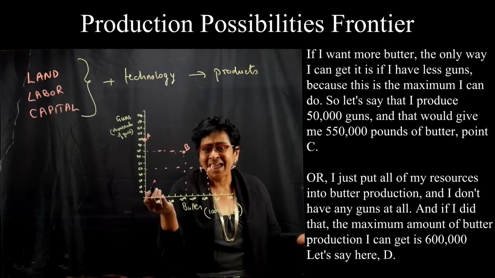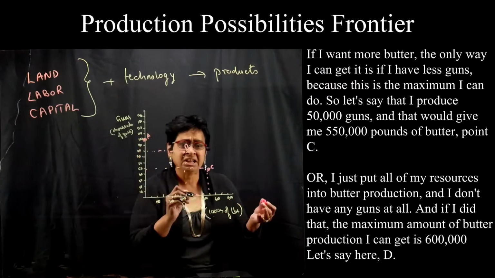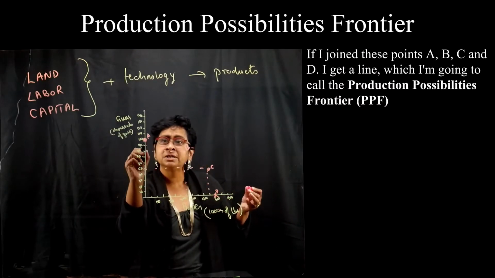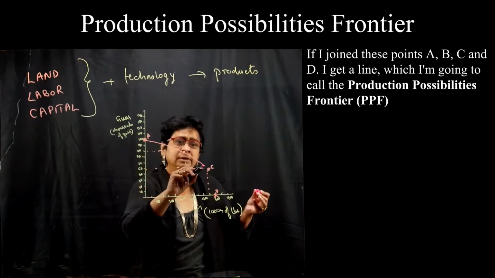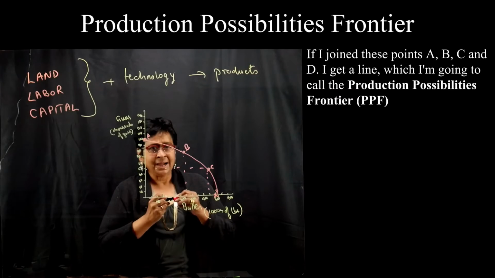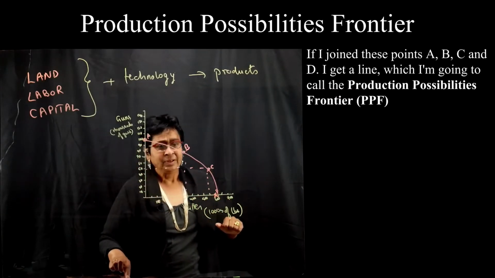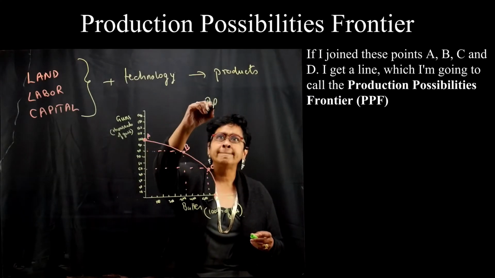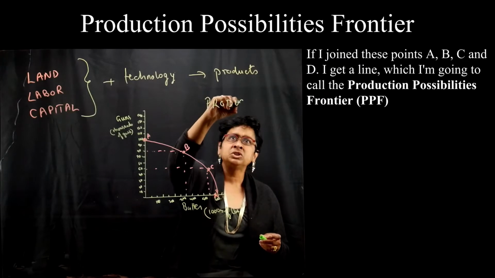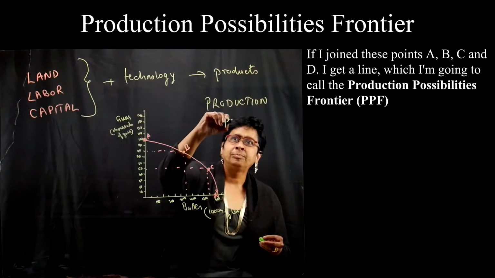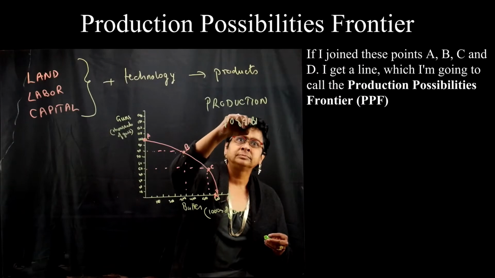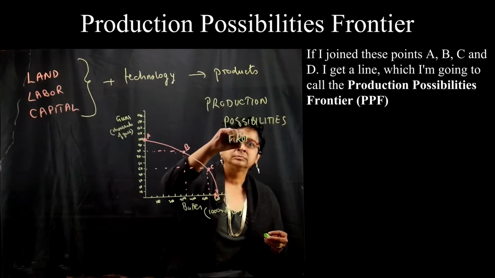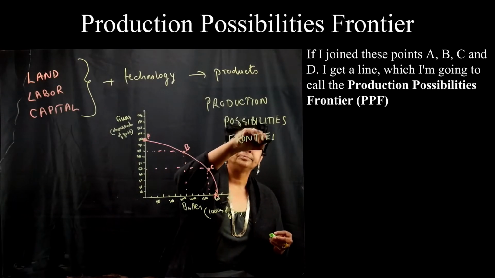And if I did that, the maximum amount of butter production I can get is 600,000, let's say here, D. Right? If I join these points, A, B, C, and D, I get a line which I am going to call the production possibilities frontier.